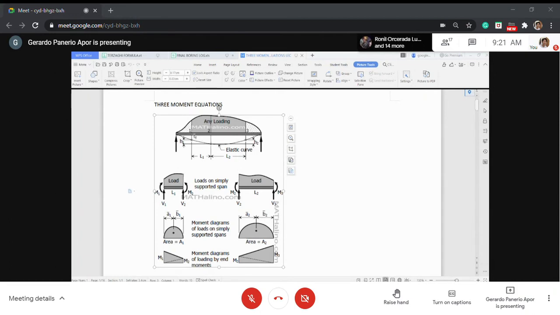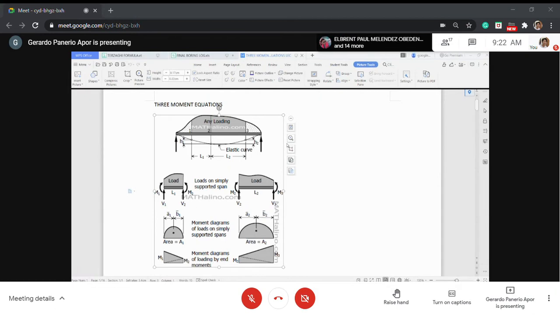We assume that this point could be a joint, but for the time being, we just consider it as a point in this beam. We also estimated the deflected structure due to this type of loading. So in the figure, you have the beam, the support, the loading, the deflected structure, and the arbitrary points one, two, three within the beam.